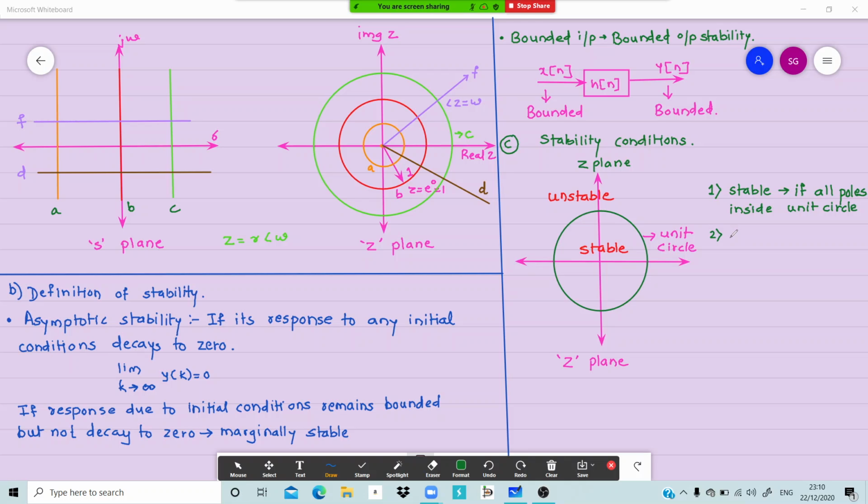Marginally stable when poles are on the unit circle.